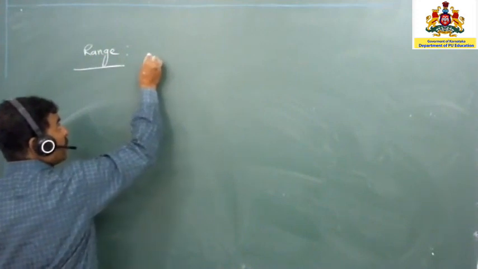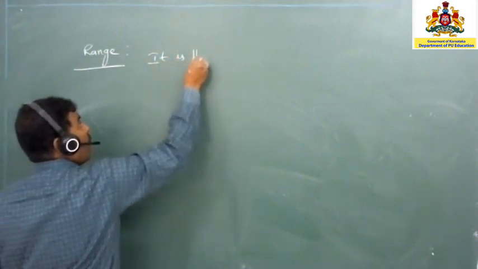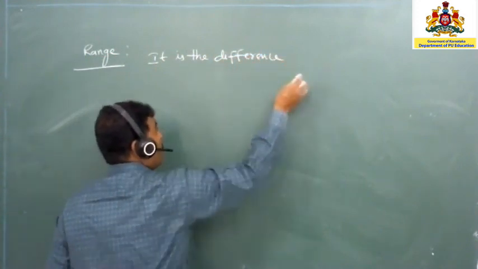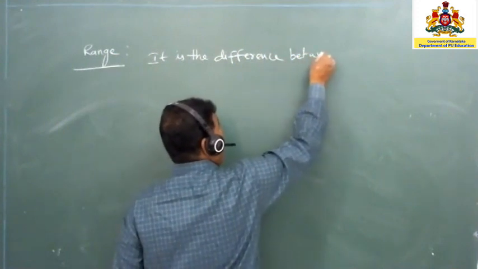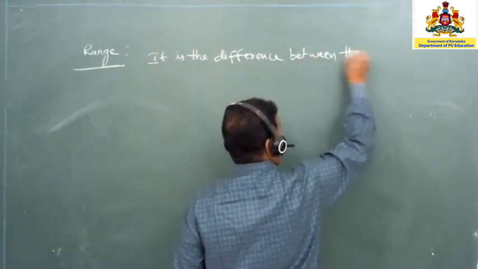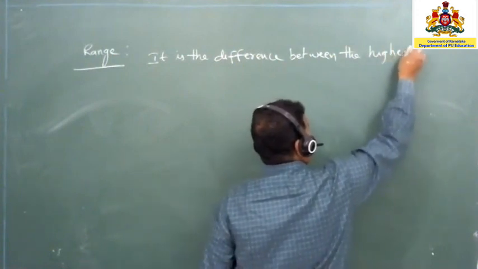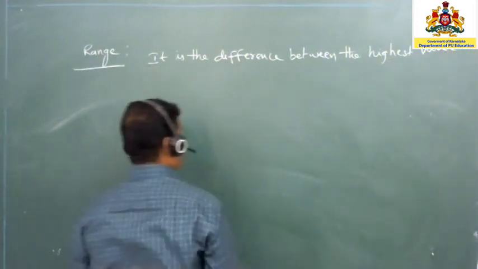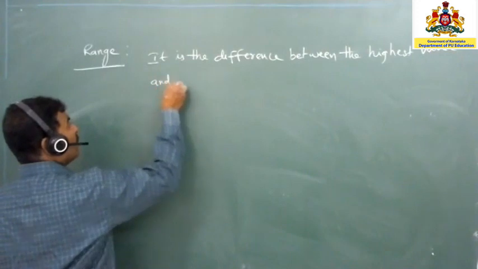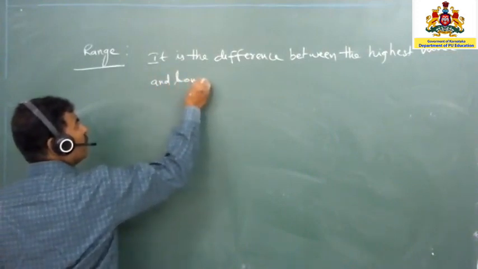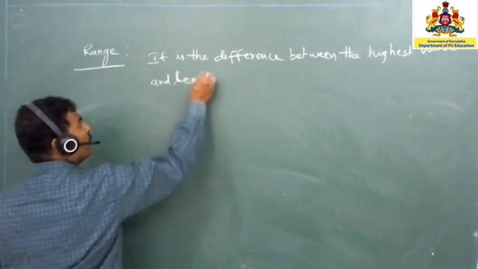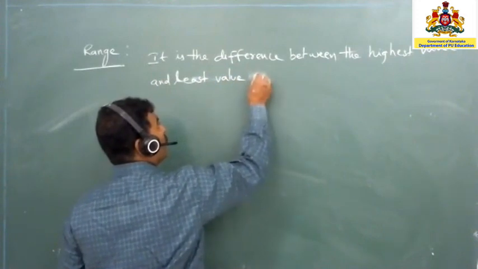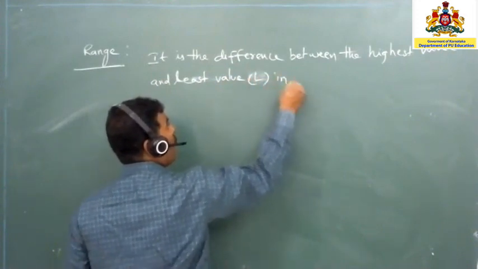The definition is, it is the difference between the highest value, denoted by H, and the lowest value or least value, denoted by L, in the data.